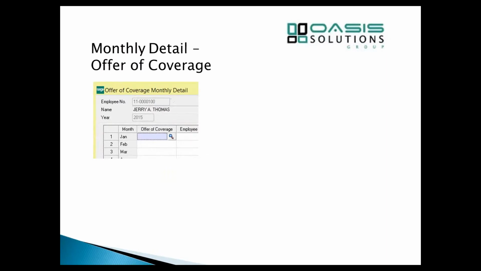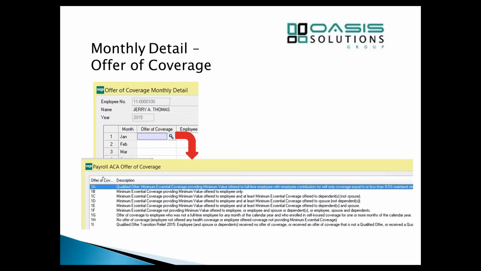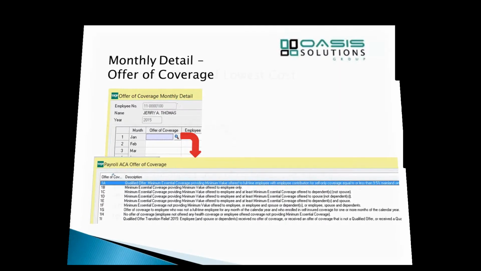The first column of information on your offer of coverage monthly detail box is the actual offer of coverage. When you click in the field for the offer of coverage, you will then be provided with a lookup window, and it provides you the listing of the codes that you can select from regarding the offer of coverage that you have offered to this employee for that month.